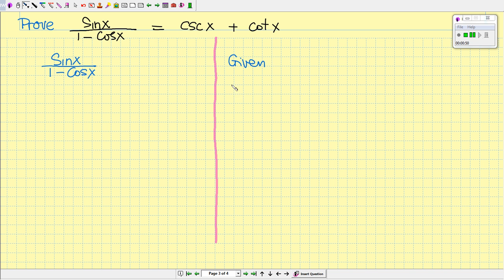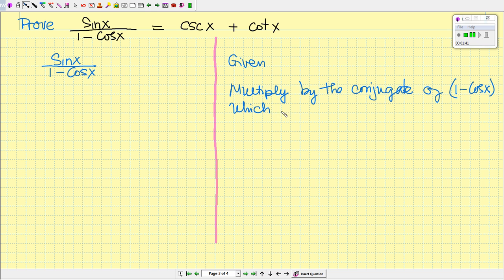So I'm going to make a next step here. So we are going to multiply by the conjugate of 1 minus cosine x, which is the opposite operation, so it will be 1 plus cosine x.